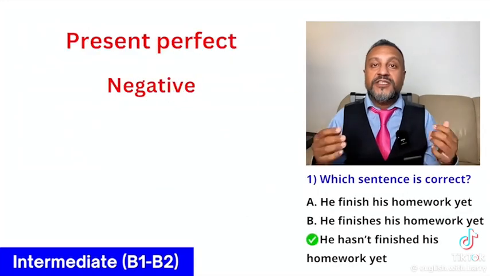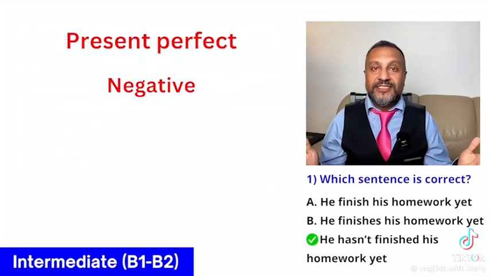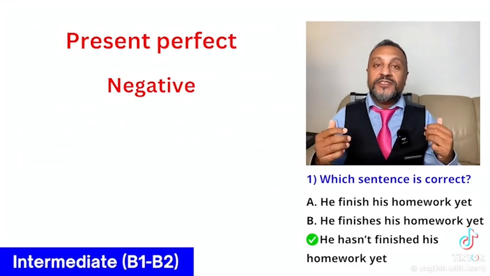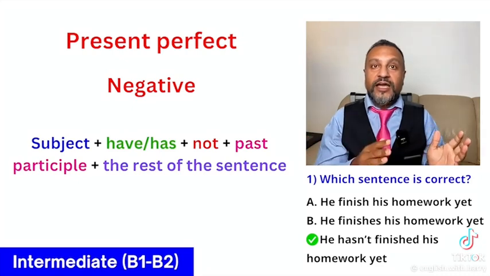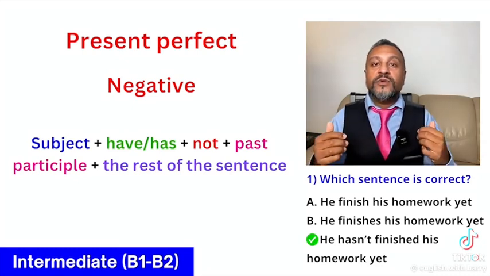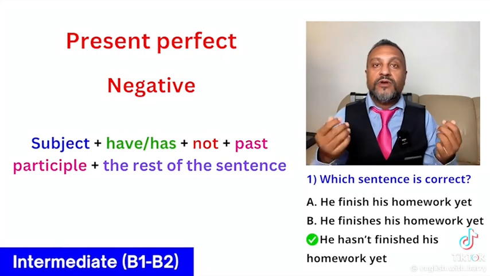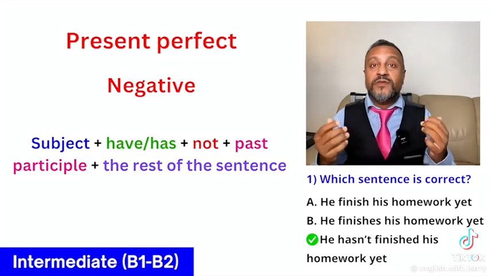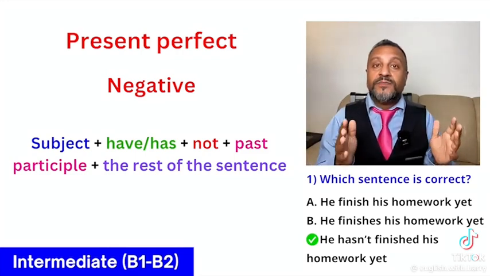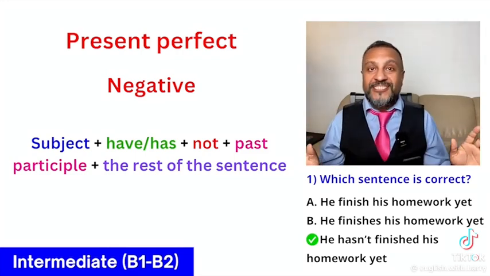Hasn't finished is the present perfect tense. In English, the present perfect tense is formed with the auxiliary verb have or has, followed by the past participle of the main verb. In this case, the verb finished is the past participle of finish.